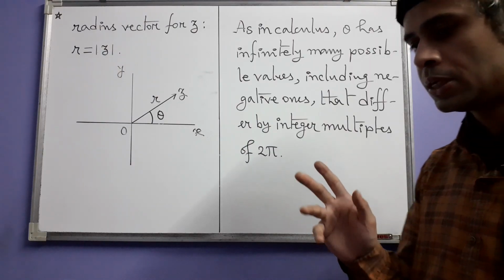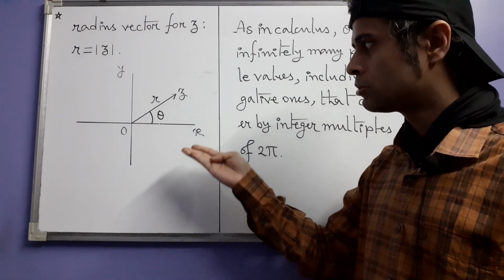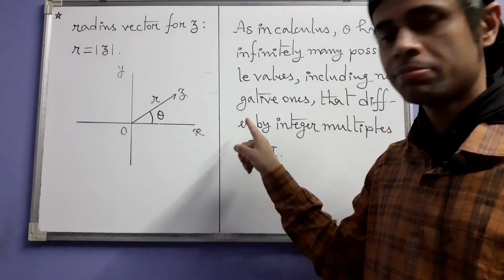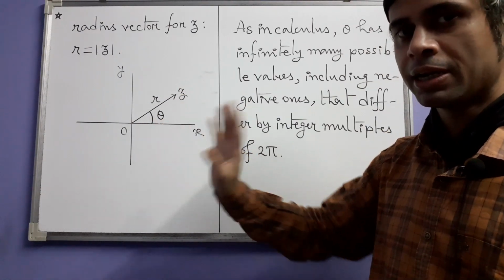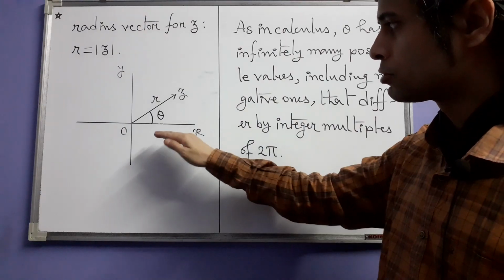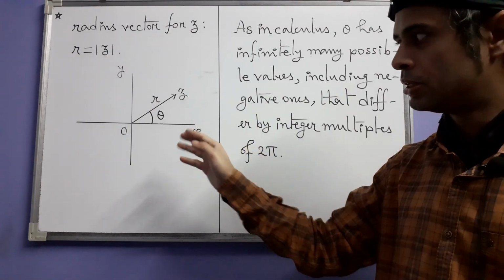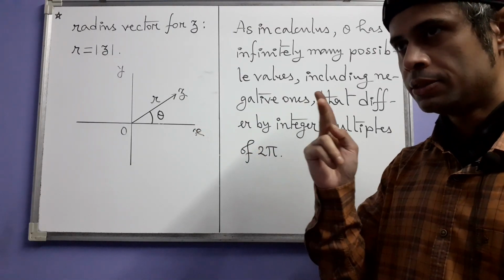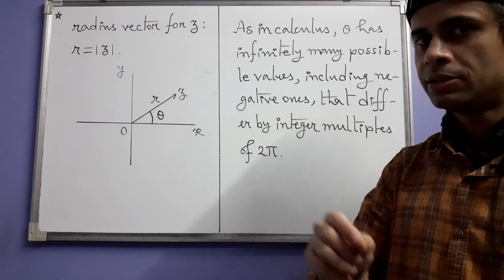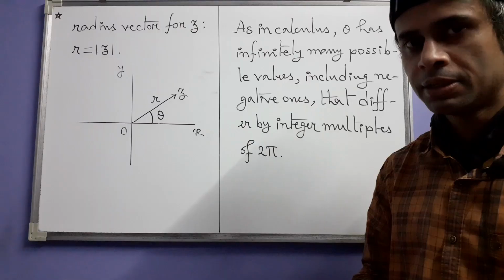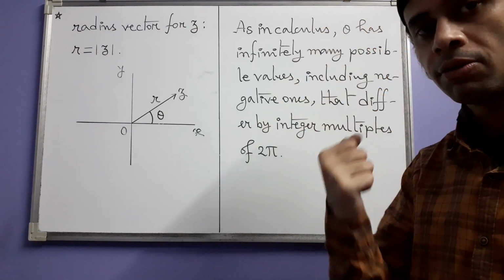But if you consider any two such values of theta, which correspond to rotations that start from the positive real axis and end here, in any manner you can imagine, then any two such rotations correspond to two angles, positive or negative, depending on the sense of the rotation. Their difference will be some integer times 2 pi. That integer itself may be positive, it may be negative. So for theta, we simultaneously consider all possible values.